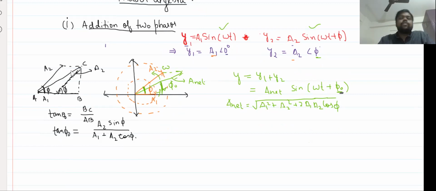Same way you can go for subtraction also, just like vector subtraction we do. Same thing, only difference will be instead of plus here, subtract if you want to find subtraction.